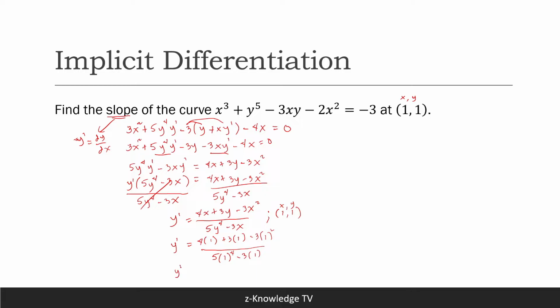Okay, then matitira is, so 4 plus 3 is 7 minus 3 is 4 over, so 5 times 1 is 5 minus 3 is 2. So 4 divided by 2 is 2. Okay, so therefore, ang sagot natin sa slope is 2.